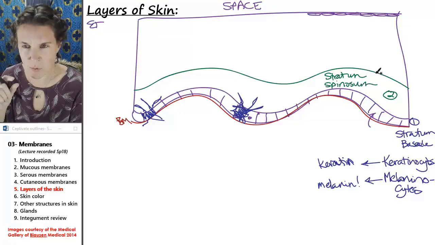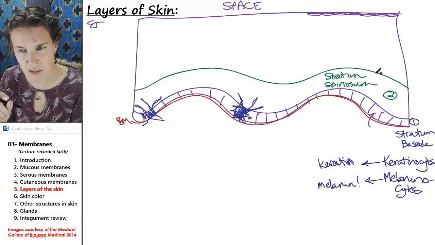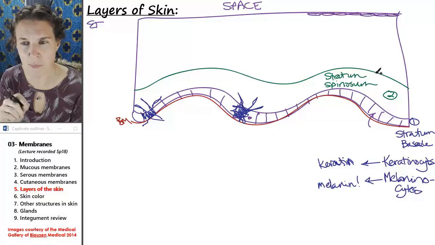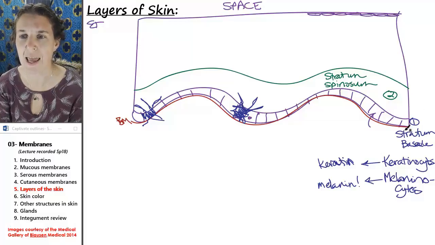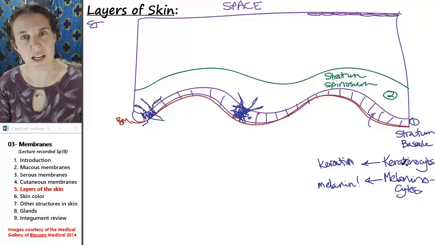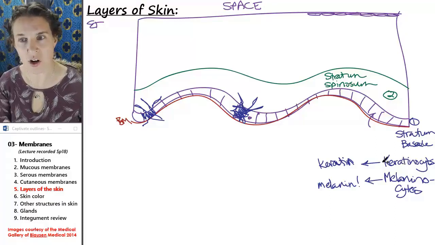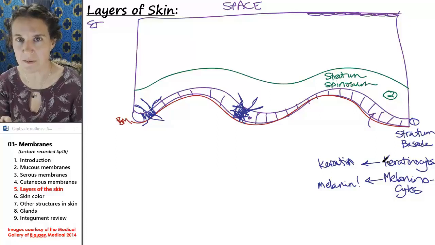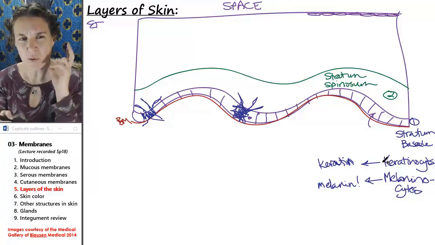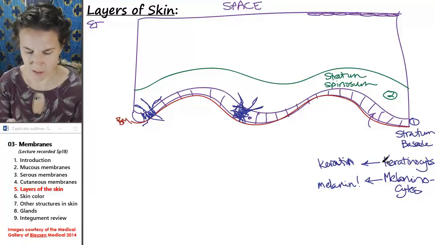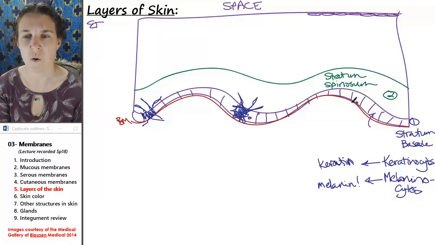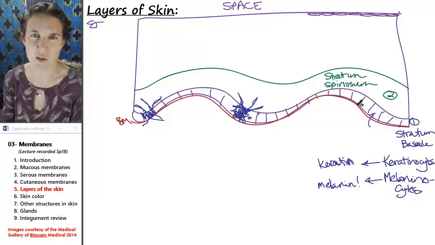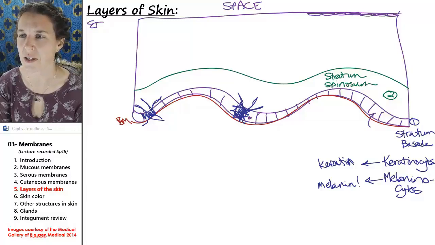Stratum spinosum is one of the thicker layers of the epidermis, and the keratinocytes are starting to think about producing keratin, so they're probably starting to not feel quite so hot. It's going to start getting ugly here.